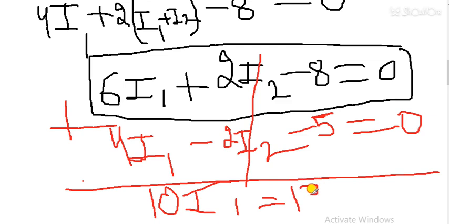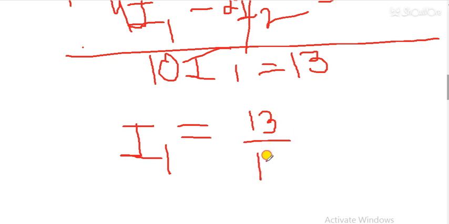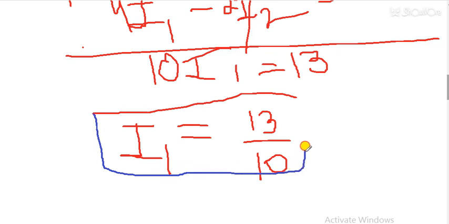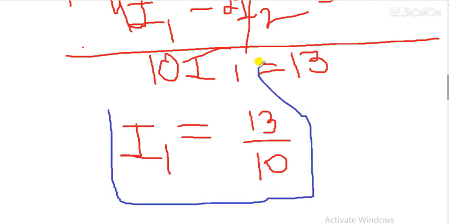So students, the value of I1 is 13 by 10. You can note down this value. 13 by 10 is the value of current I1.